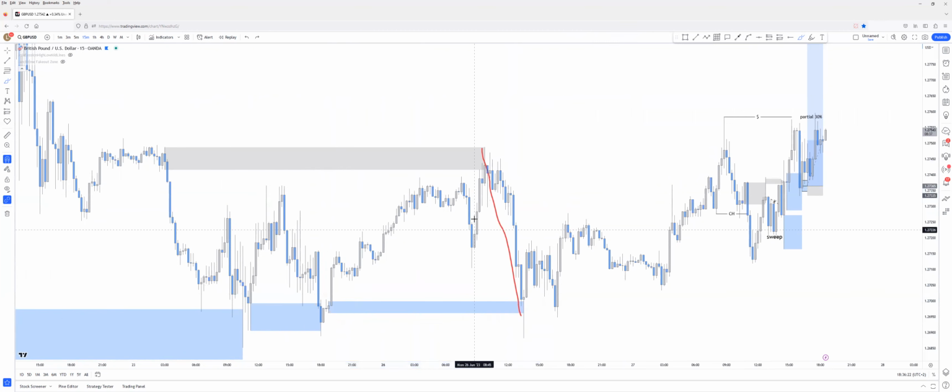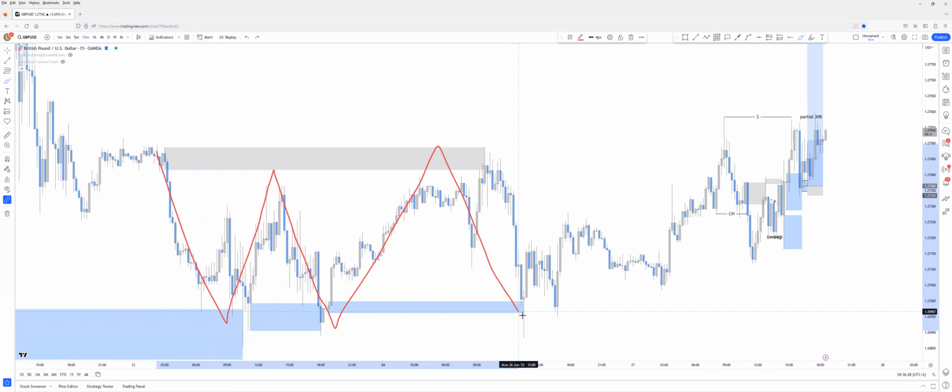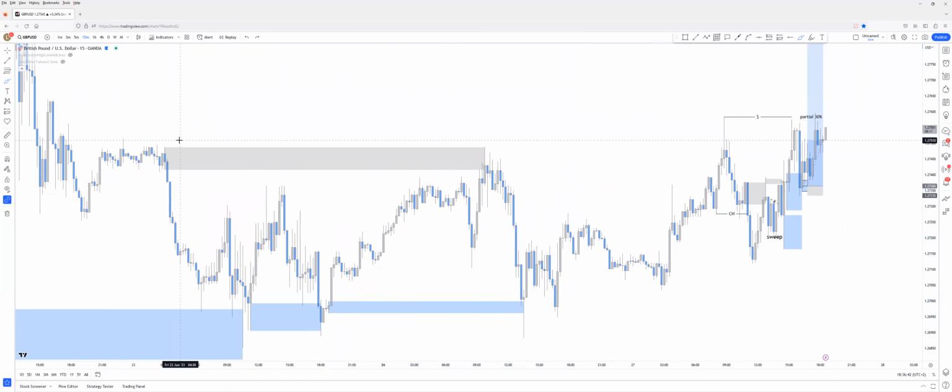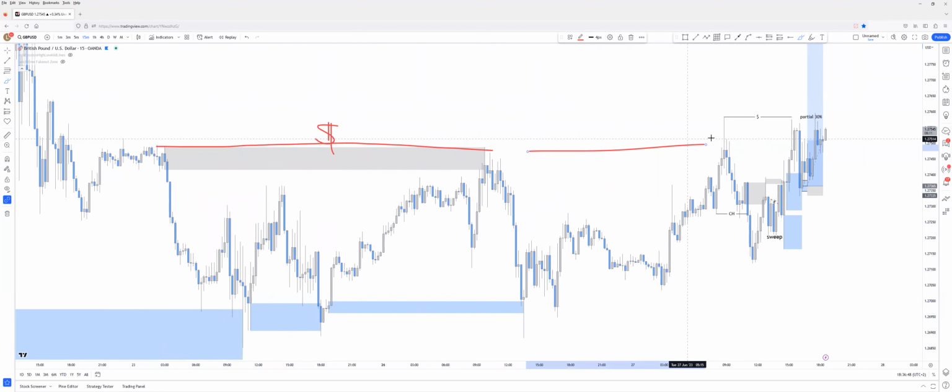This is a sign of a range, because price is bouncing between demand, supply, demand, supply on the 15-minute time frame. If you see something like this, you will know it's a range, right? Obviously, if you take a look at this chart, it's a clear range. But price left equal taps here inside or even above this supply, which has been swept out by this movement.